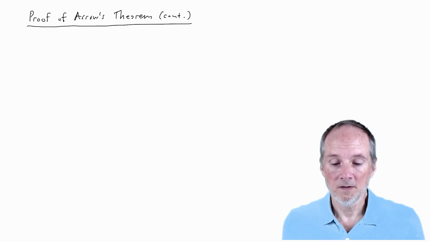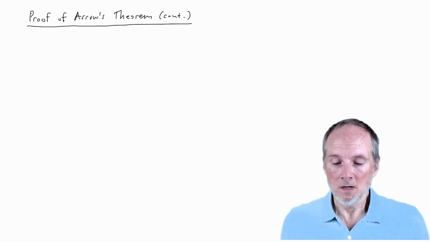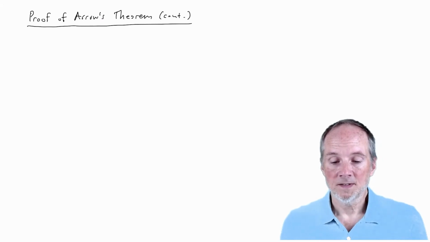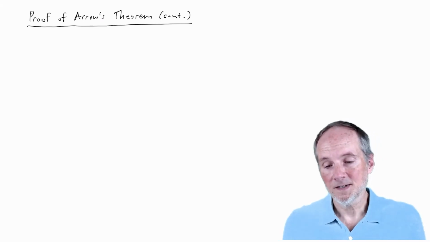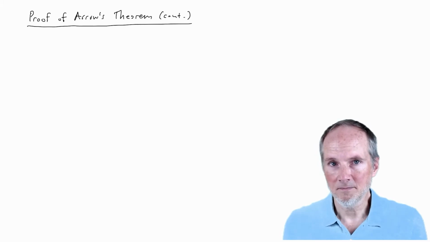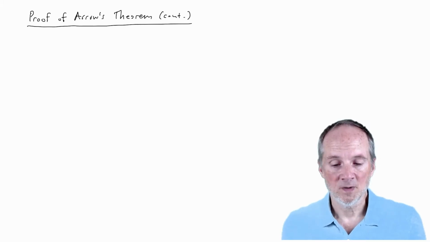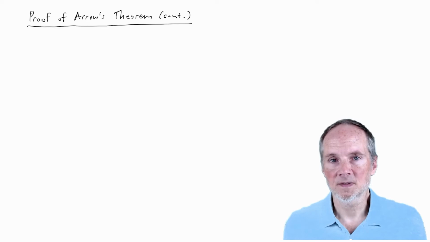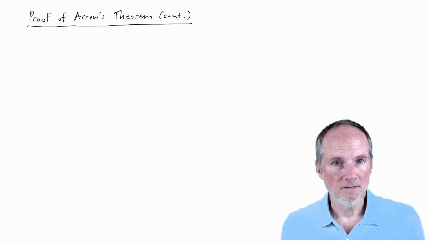We're doing this by a sequence of claims. We suppose that there is no singleton decisive group. So we took the smallest decisive group we can that has more than one person, and we can break it up into two groups. Those groups are not decisive.